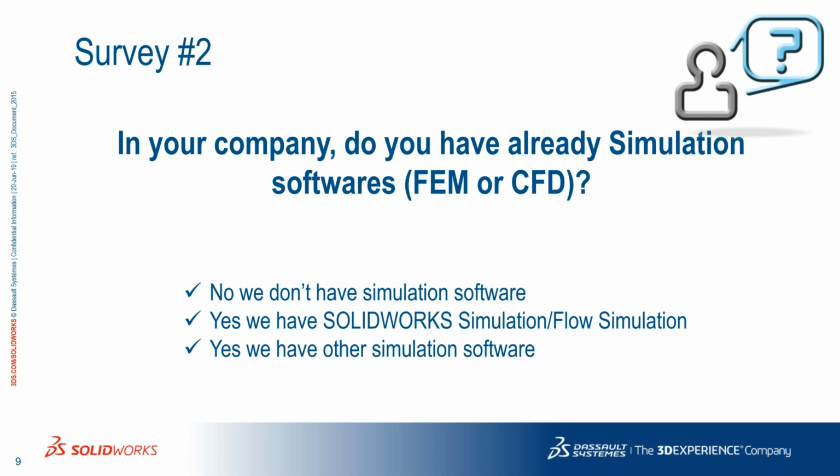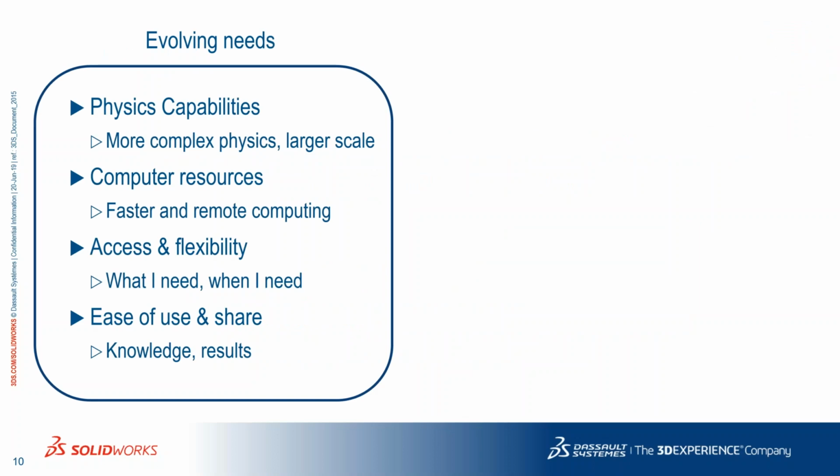Okay. So let's talk now about the needs, explicitly for the user in such a case when you have to analyze a compliant mechanism. You need, of course, the ability to understand complex physics, maybe on a larger scale. Of course, you need resources for the calculation, for the solving.